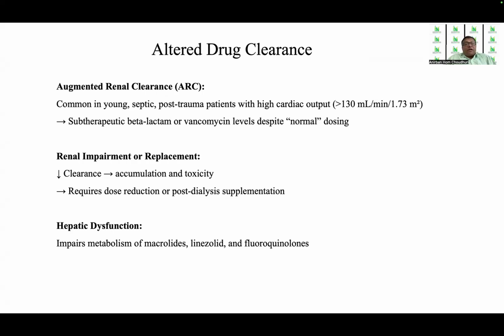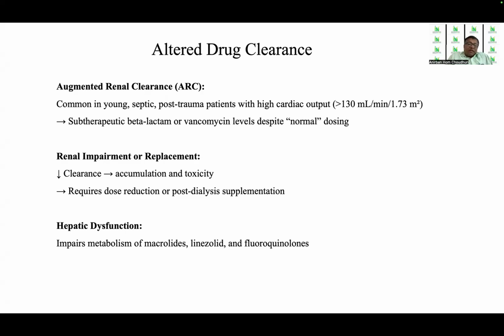Second is altered drug clearance. In altered drug clearance, augmented renal clearance is a condition which occurs in young, septic, post-trauma patients with high cardiac output. Therefore, despite giving a normal dose of beta-lactam or vancomycin, the blood levels in these patients can become subtherapeutic. Next is renal impairment or renal replacement.